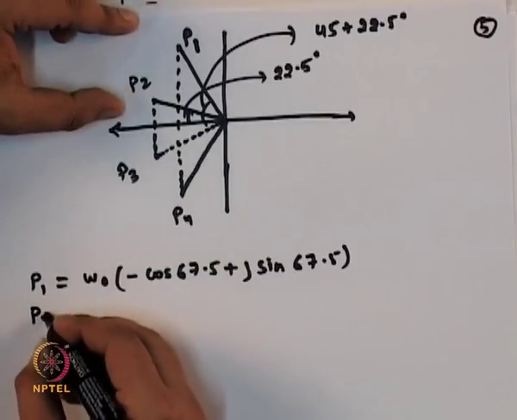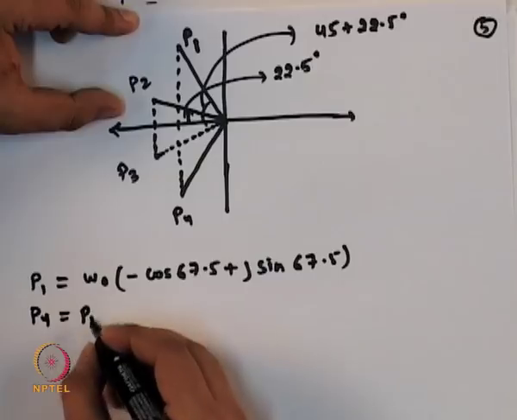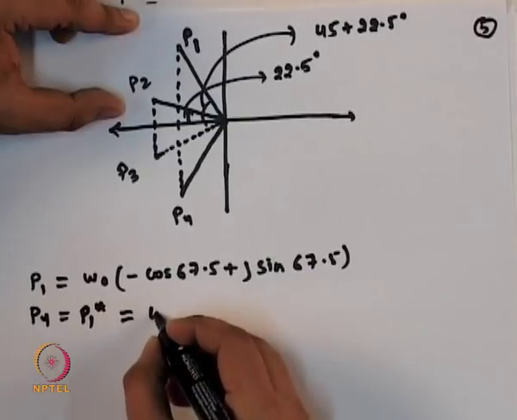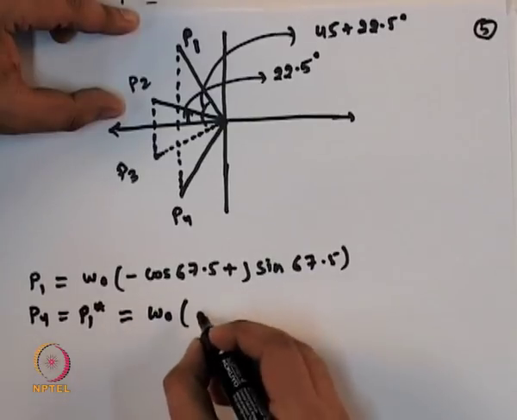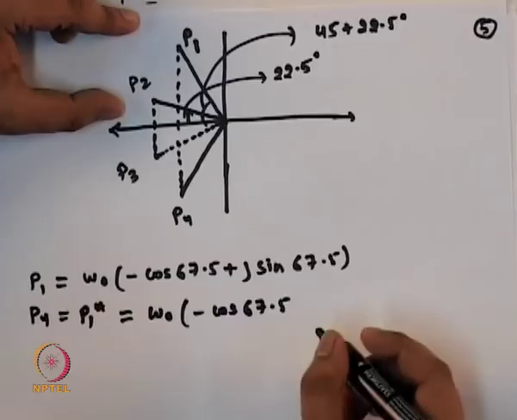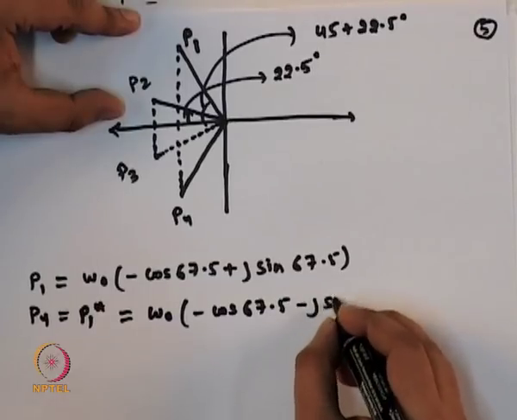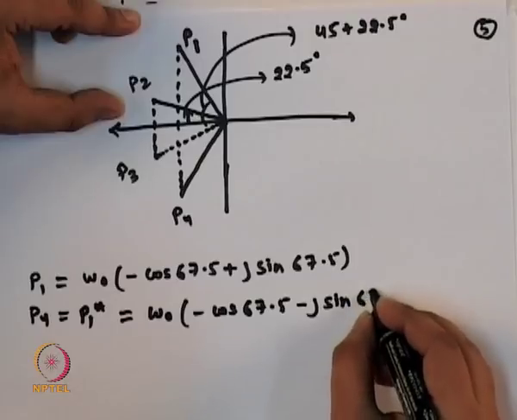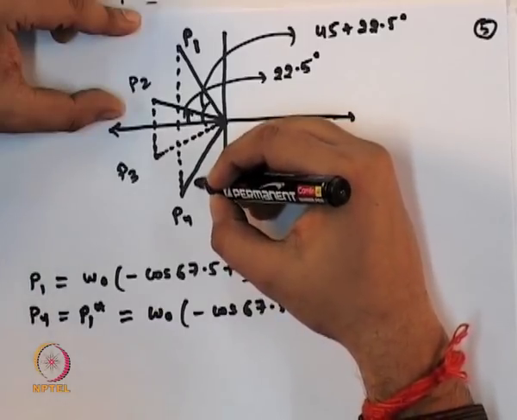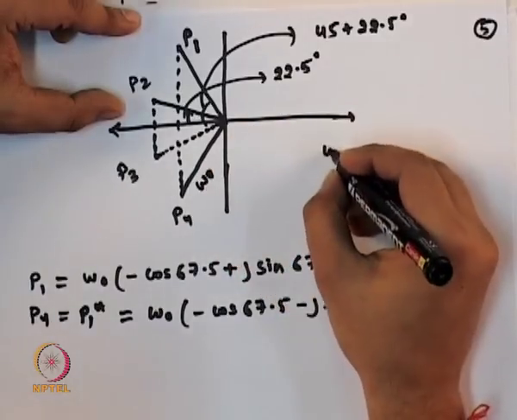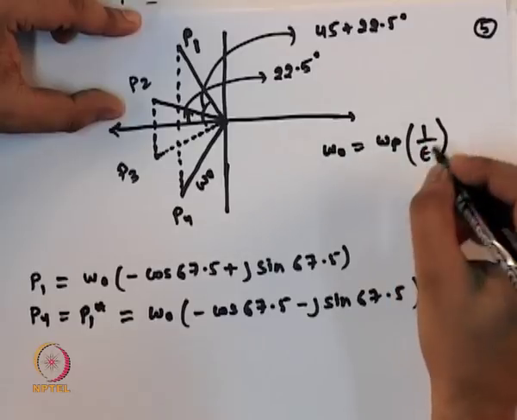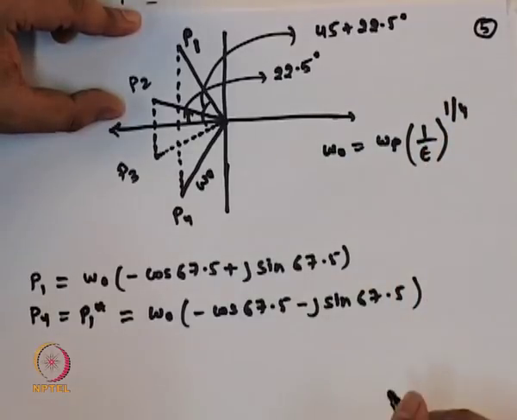So P4 would be P1 star, that is the complex conjugate, equal to omega naught times minus cos 67.5 minus j sin 67.5. Just to remind, this radius is omega naught, and omega naught equals omega p by (1 upon epsilon) to the power 1 by 4.